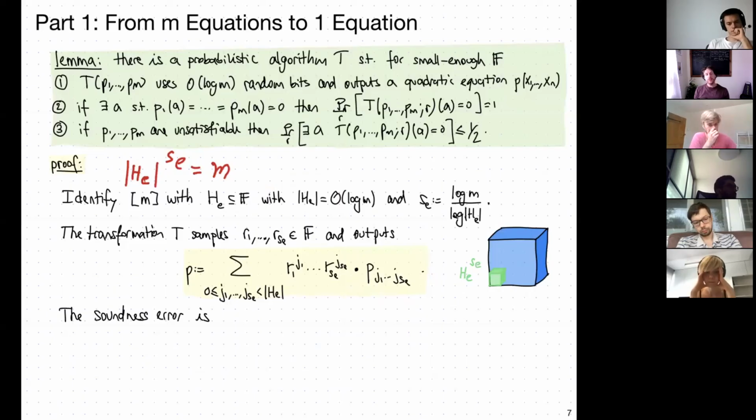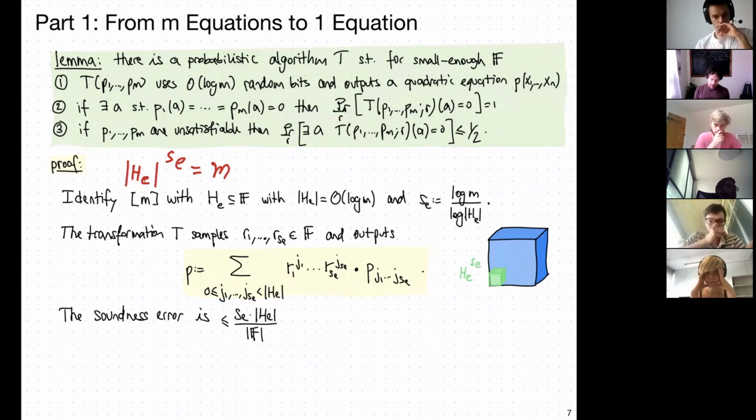And now let's see what the soundness error is in such a case. Obviously, if the equation is being satisfied, then any combination of these equations would trivially be satisfied. And the soundness error would be this quantity.